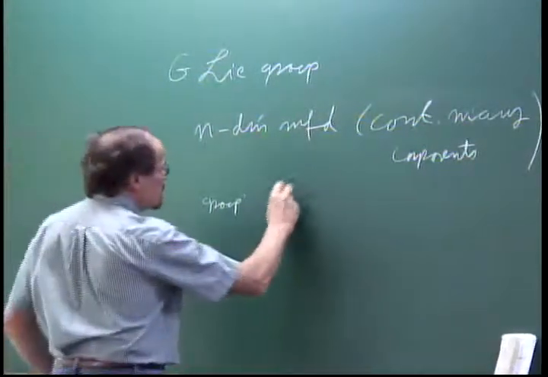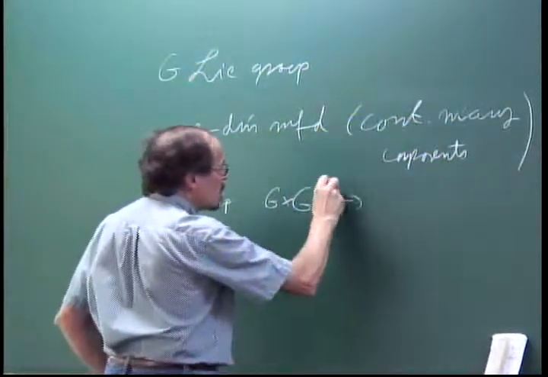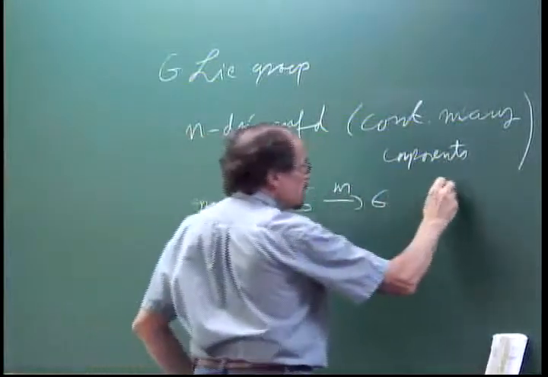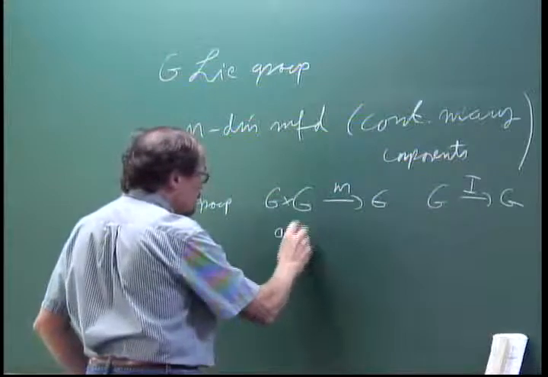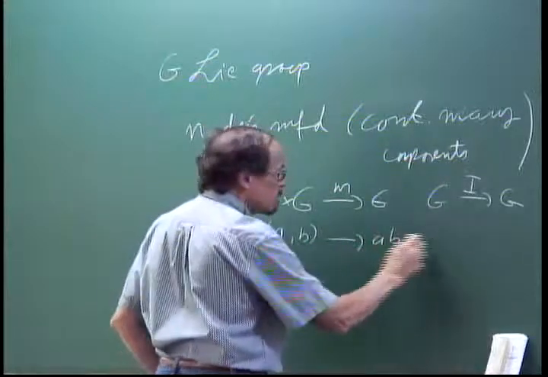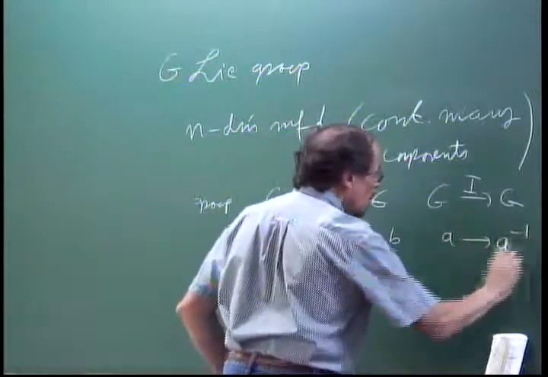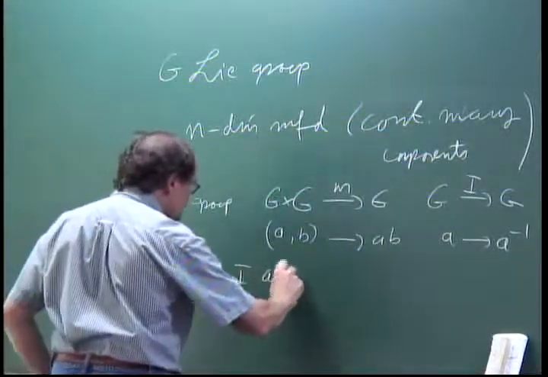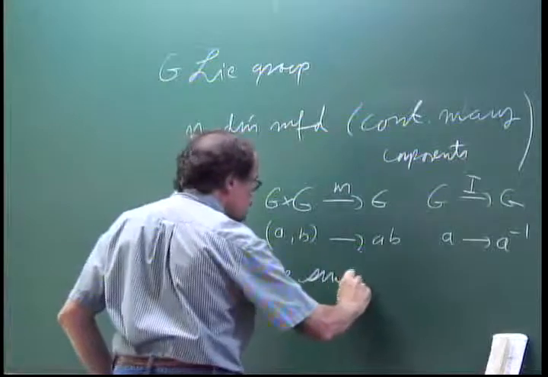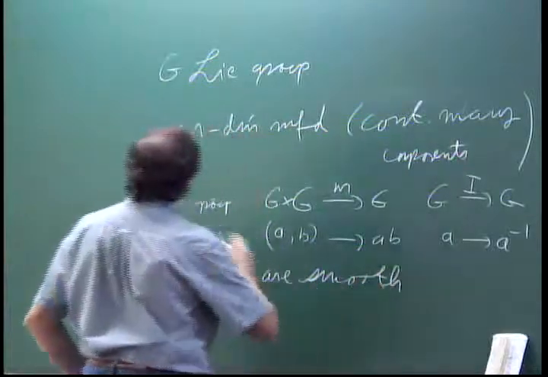So I have a multiplication, and I have an inverse, and I require that M and I are smooth. So these are my two conditions.